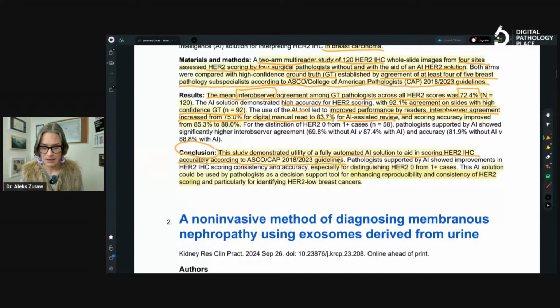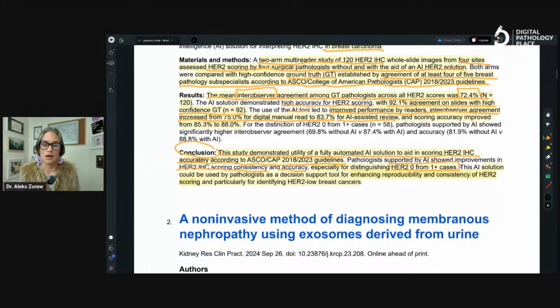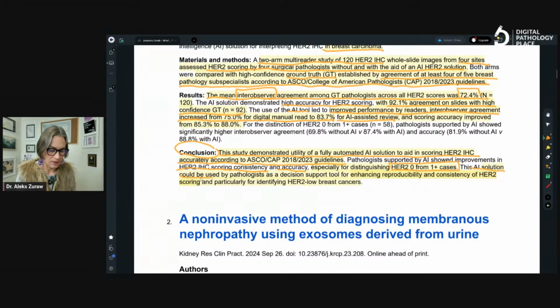And pathologists supported by AI showed improvements in HER2 IHC scoring consistency and accuracy, especially for distinguishing HER2 0 from 1 plus cases. Like, really, this is super subtle. I would want to have a tool for that. So this AI solution could be used by pathologists as decision support tool.